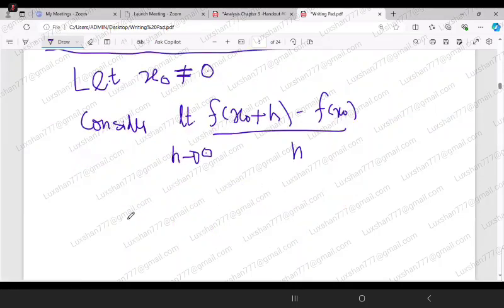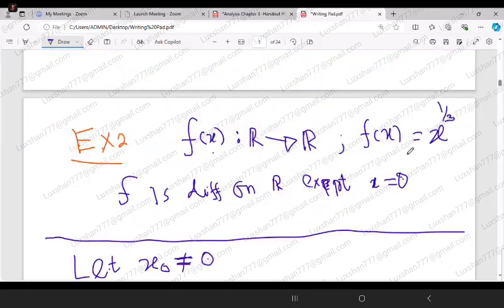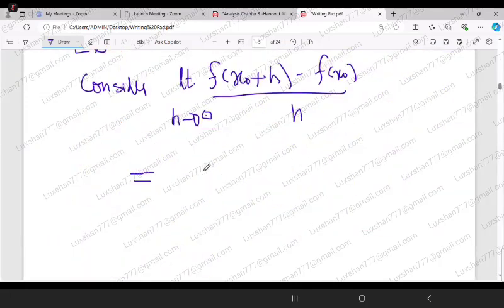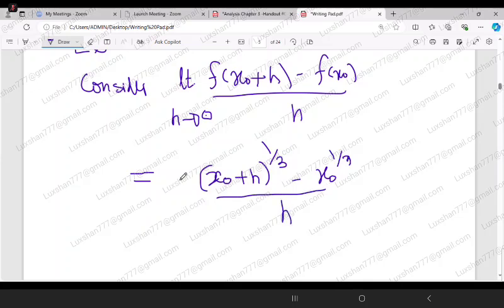Now this is equal to, if you substitute the function here, we get the limit as h tends to 0 of (x naught plus h) to the power 1/3 minus x naught to the power 1/3, divided by h.